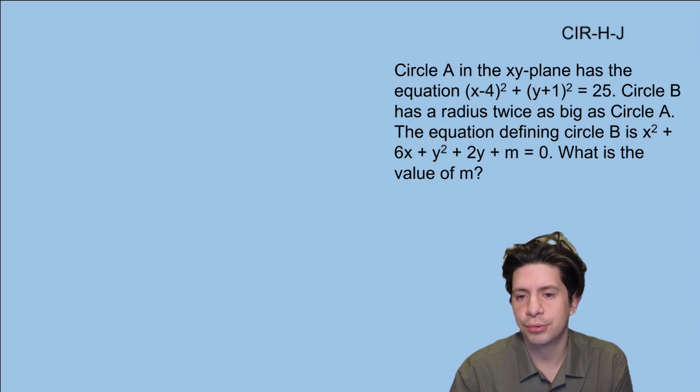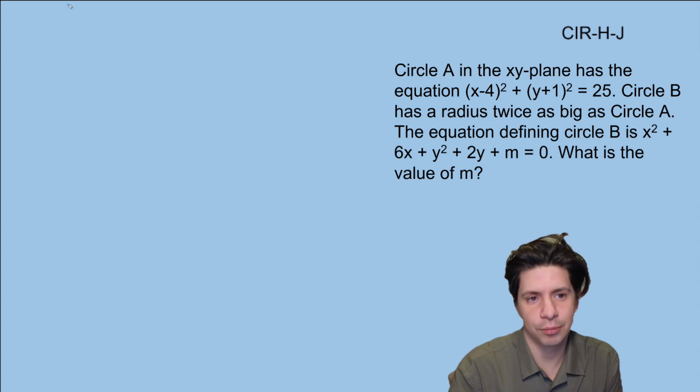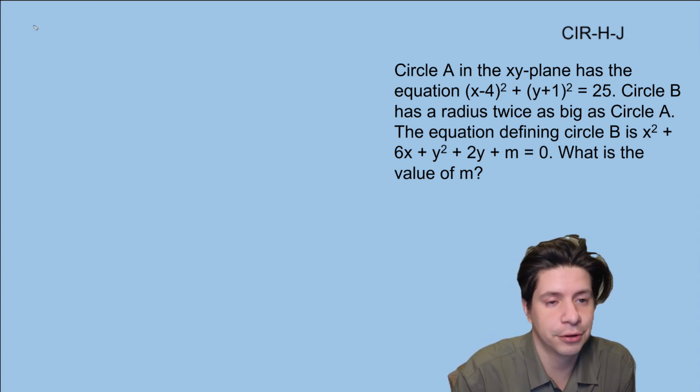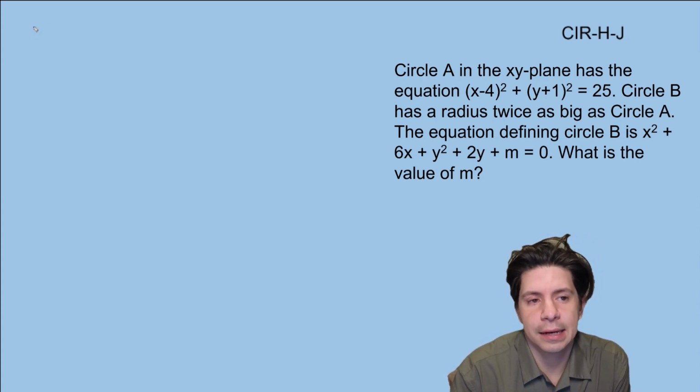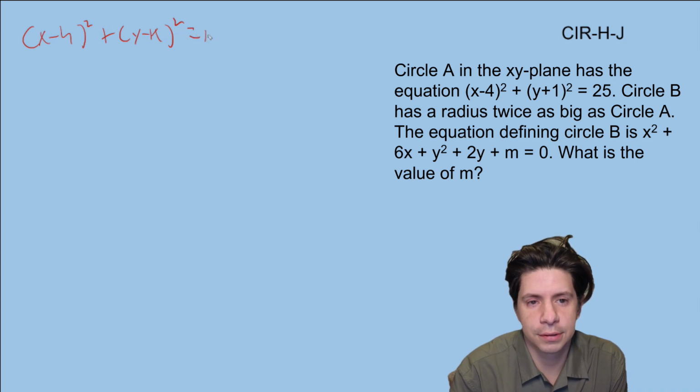So this is just a standard form of circle equation, which you really need to know because it will come up on the test, especially if you're in the hard section. And what we're getting is (x minus h) squared plus (y minus k) squared equals r squared.